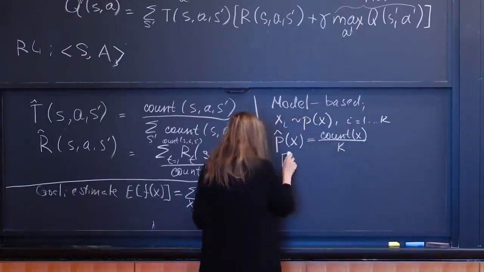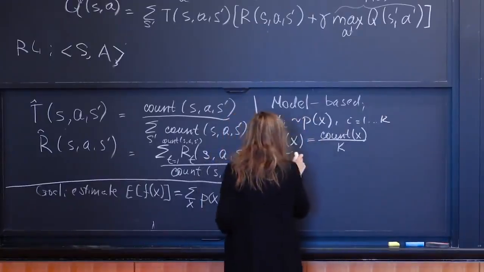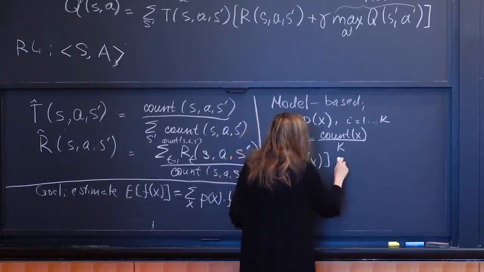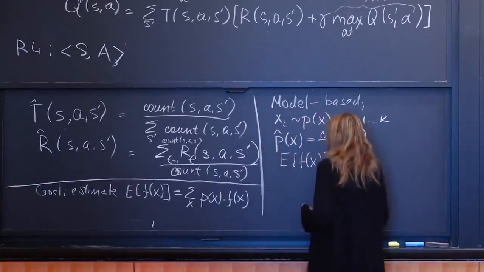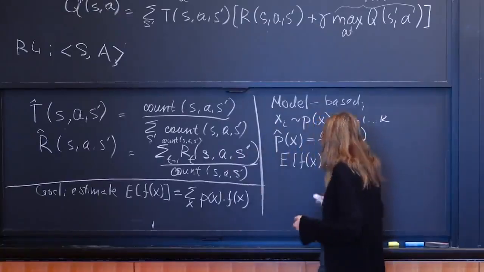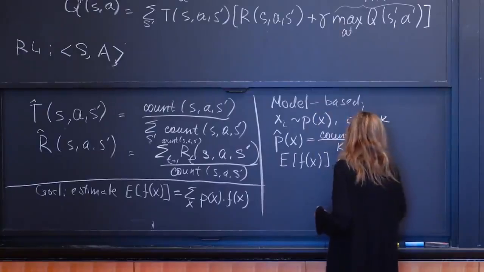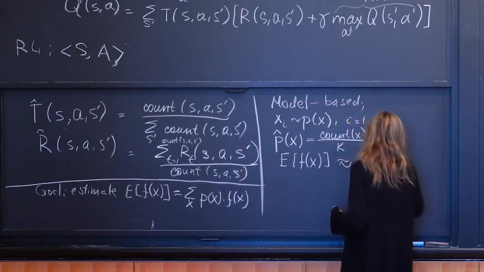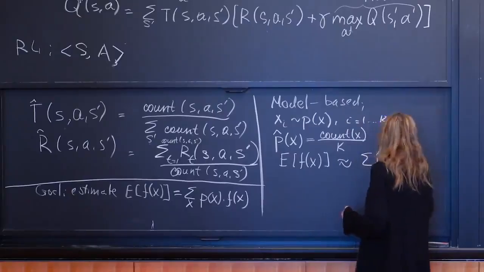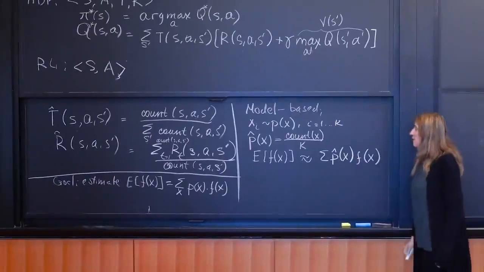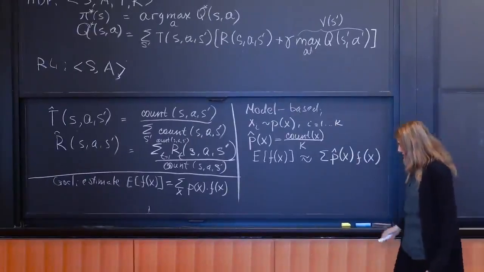And then I can say that my estimate of the expected value is going to be what exactly we had before, the sum of P-hat(x) times f(x). This is called model-based estimation.